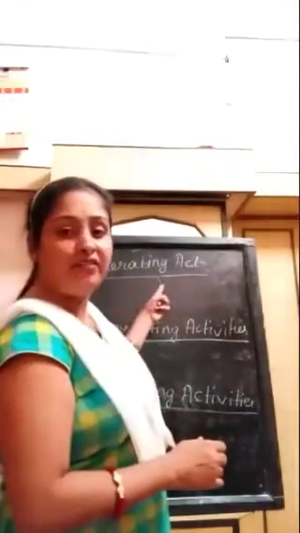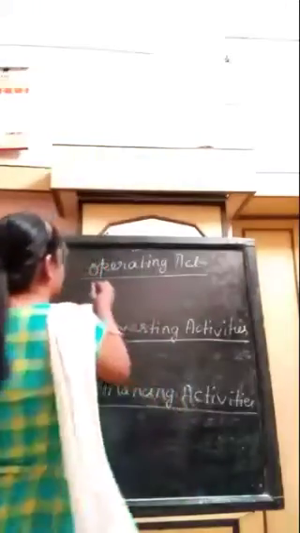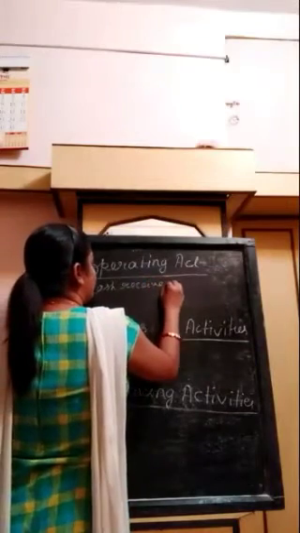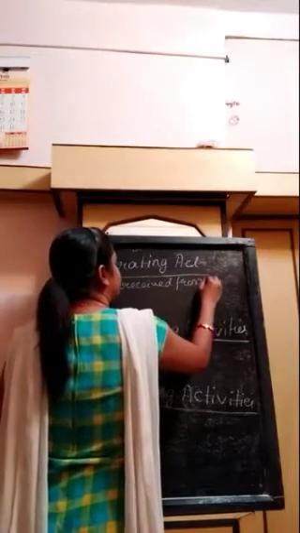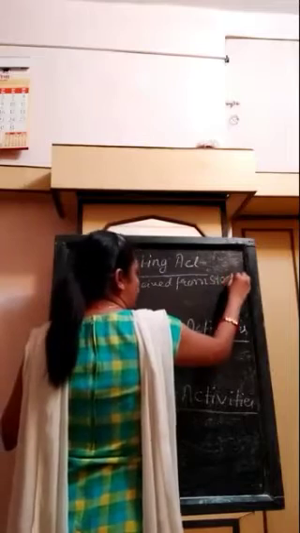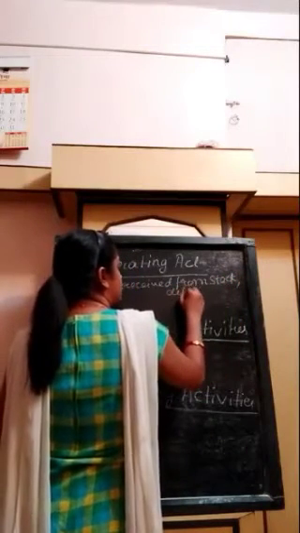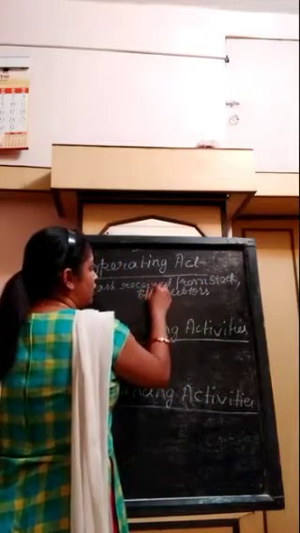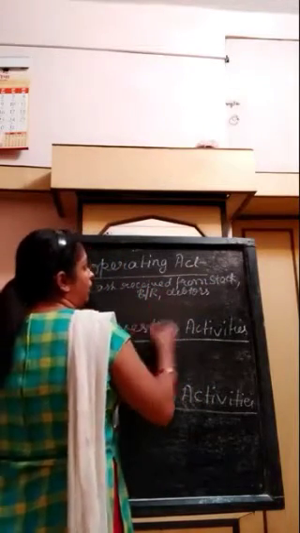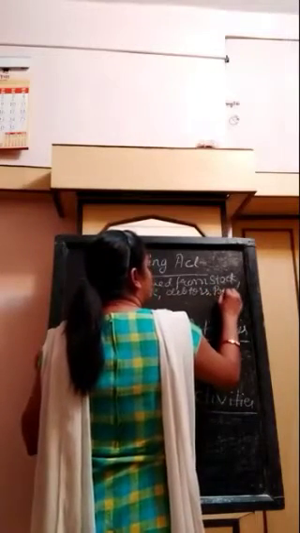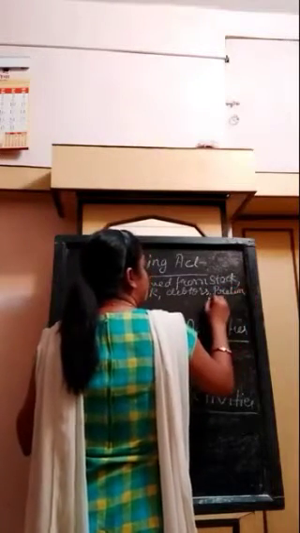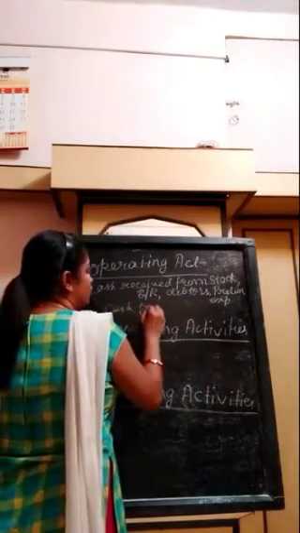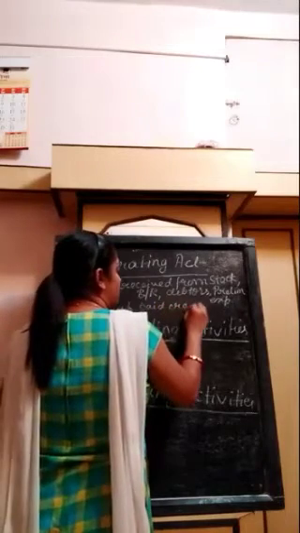So operating activities consist of cash received from sale of stock, or debtors, or bills receivable, which in short form we write BR, or from preliminary expenses, or cash paid to creditors and suppliers.